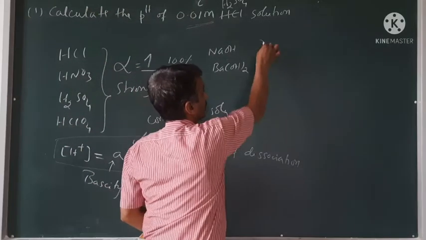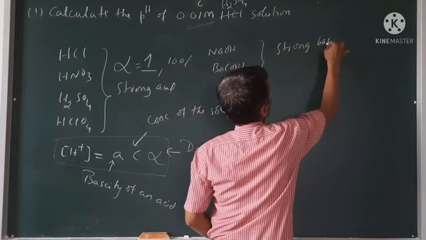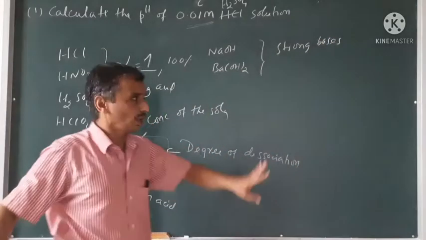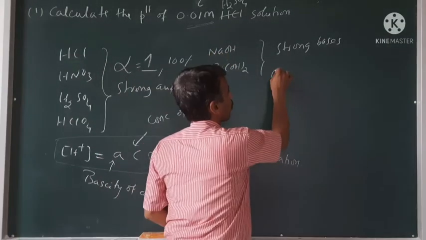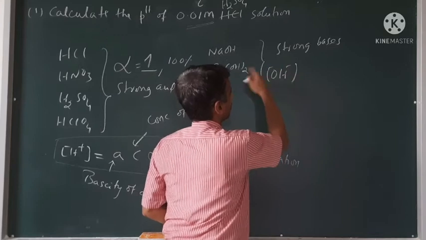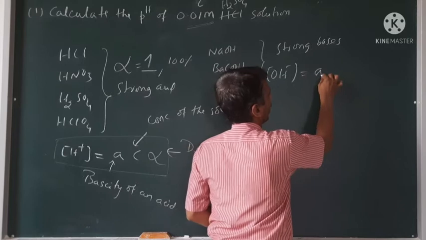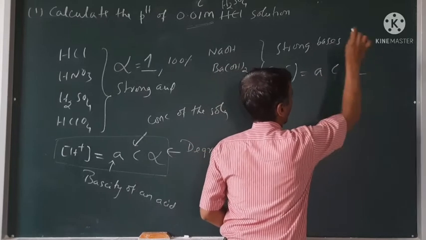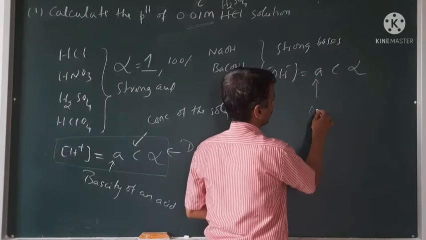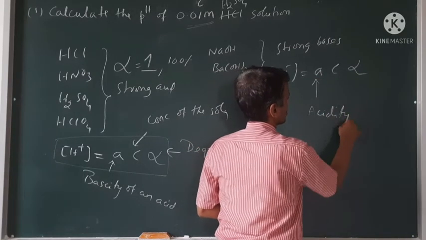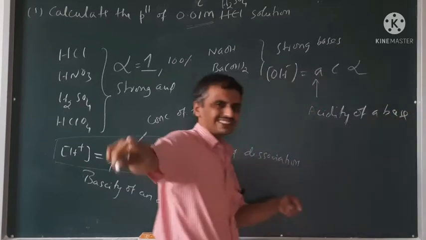Now, see, these are all strong bases only. And remember, not only 2, there are other things also. At that time, OH minus ion concentration is given by this, not the H plus, is equal to A into C into alpha, where A is the acidity of the base, not the basicity of an acid.